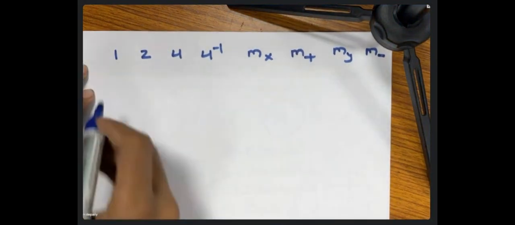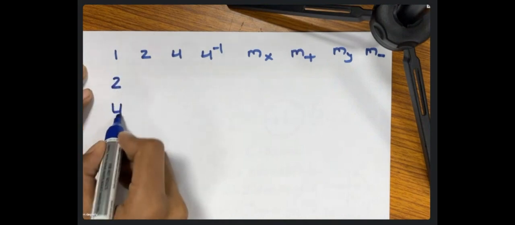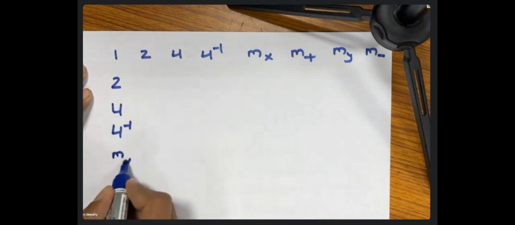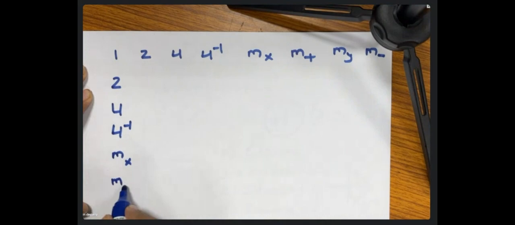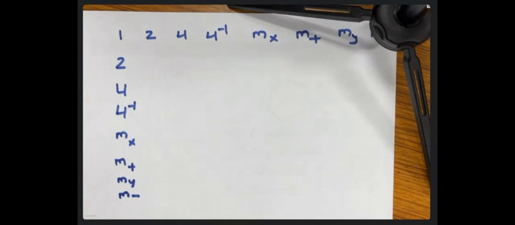Now we can just write the same thing in the column manner. Okay, so now the operation which we are doing in these symmetry operations is 'followed by'.